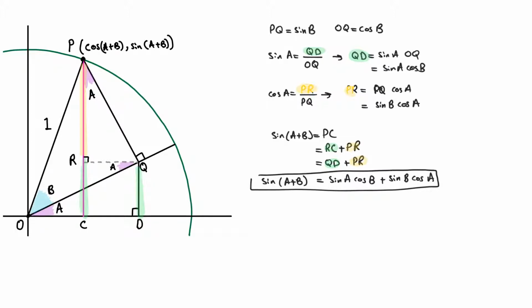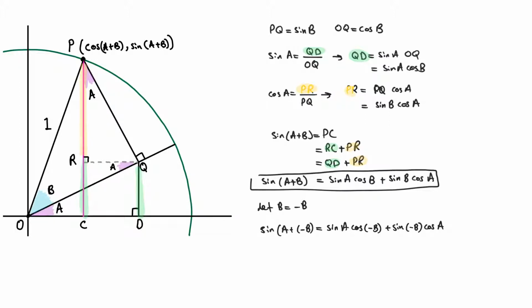Now, similar to last time, if I let b equal negative b, I can just plug everything in. Sine of a plus negative b is equal to sine of a cosine of negative b plus sine of negative b cosine of a.